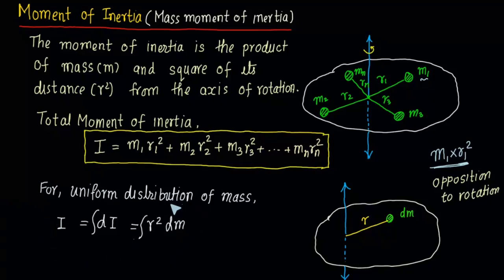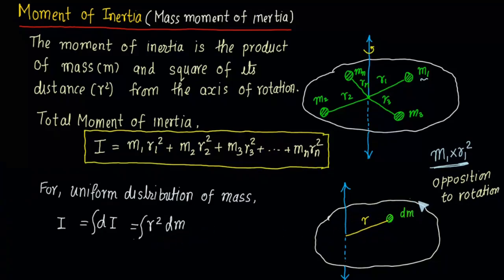So let me repeat it again. We take a small mass, called an infinitesimally small mass, which is uniformly distributed in the body. I have taken an arbitrary location over here. At this location a small mass dm is considered, and its distance from the axis of rotation is r. I'll find the moment of inertia of this particular mass, which is mass dm into distance square.